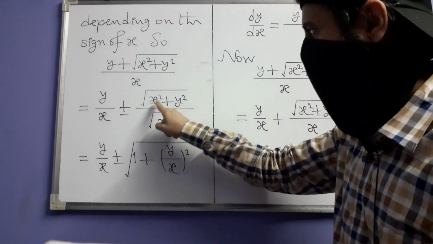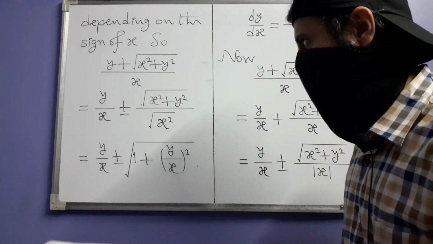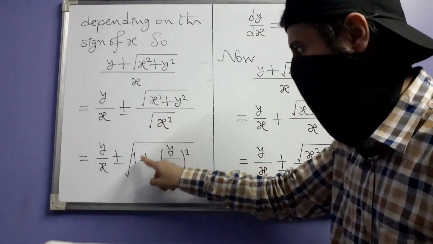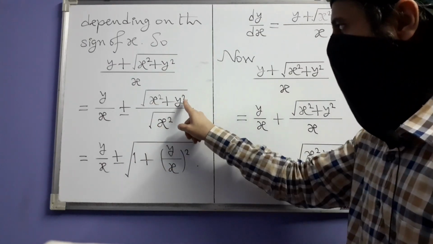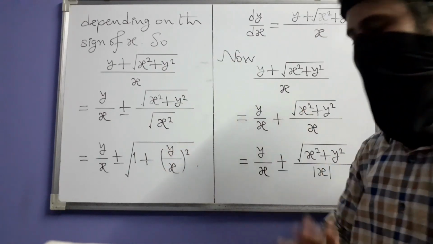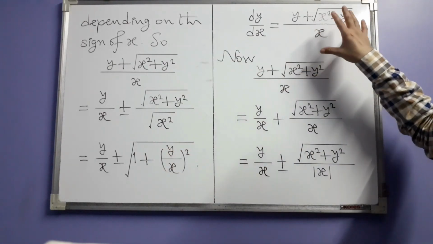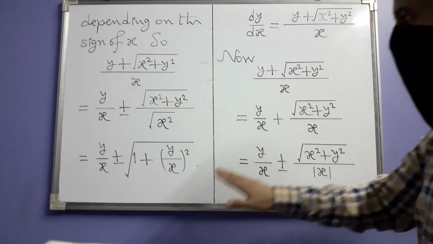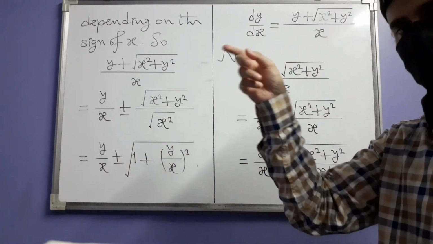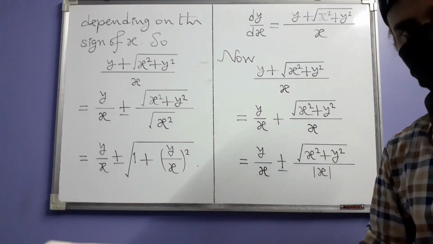So now you can take x square inside, and when you do the division, x square divided by x square gives you 1. And in place of y square divided by x square, you can write the square of y divided by x. So that's how you have been able to express this right hand side as a function of y divided by x only, and that is why that equation is also homogeneous.